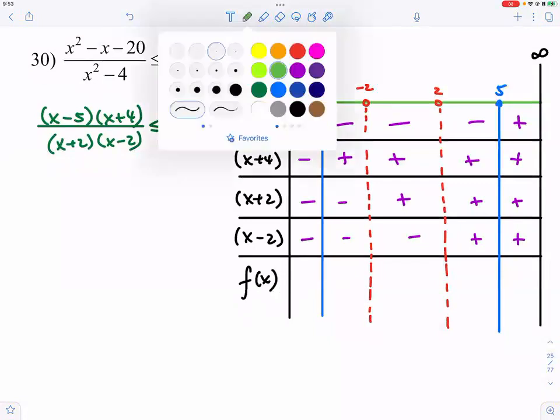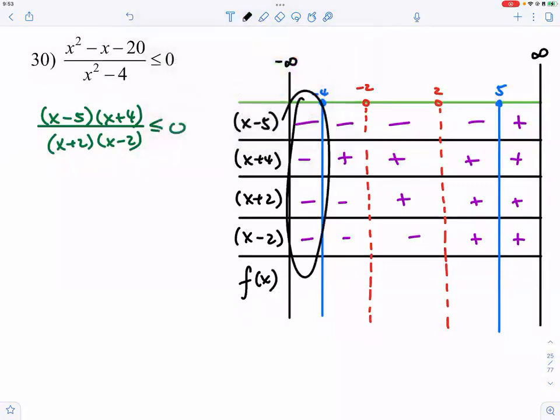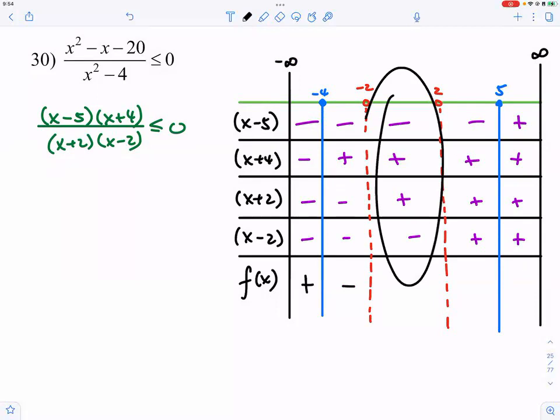For the first column right here, you have 4 negatives, all multiplying or dividing each other, so you end up with a positive sign. For the second column, you have an odd number of negatives, so that means it ends up being negative. Then 2 negative signs, so positive. Only a single negative sign right here, negative. And then you have a positive right here.